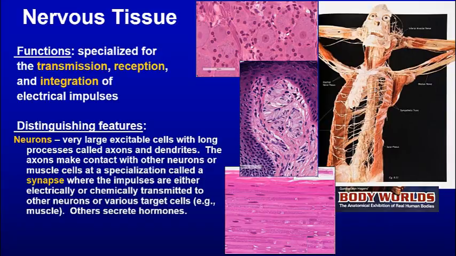Now, distinguishing features of the neurons is that they're long, excitable cells that can stretch from the brain all the way down to different lengths of the body, from the spinal cord to different places. So they're very long, excitable, and they transmit their message through a synapse.